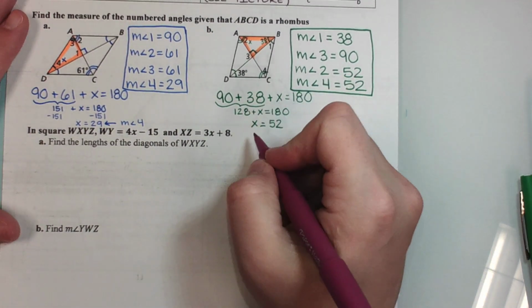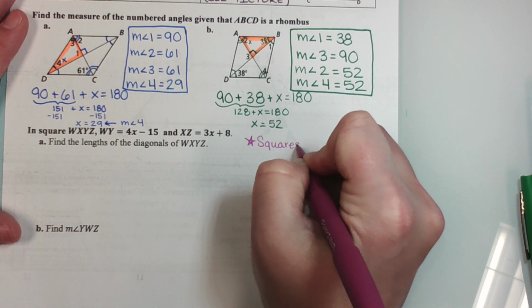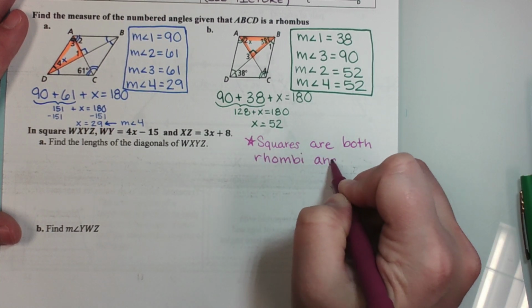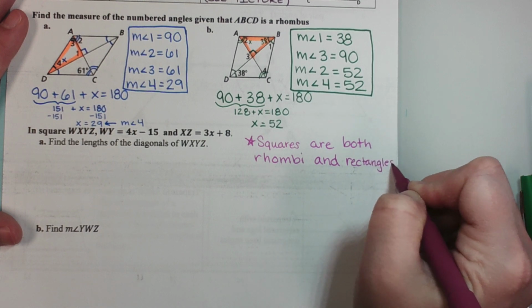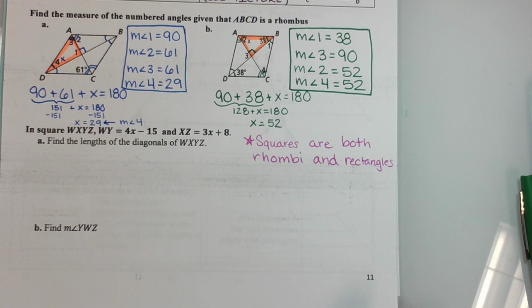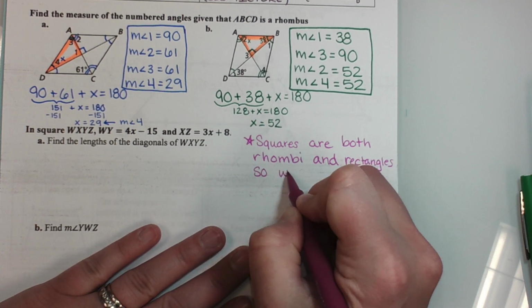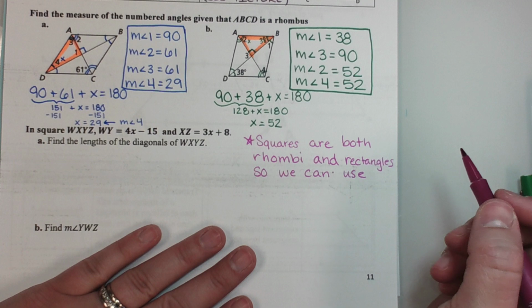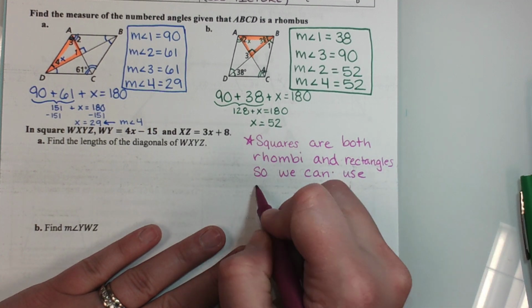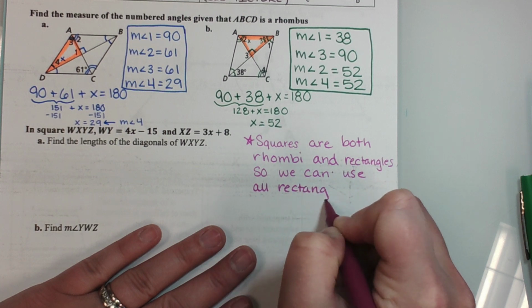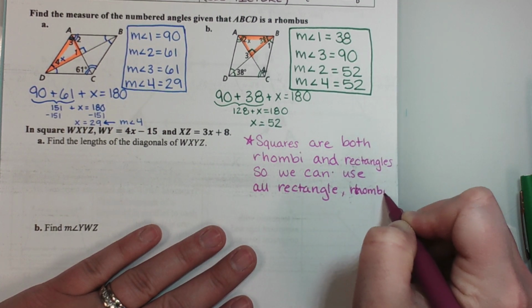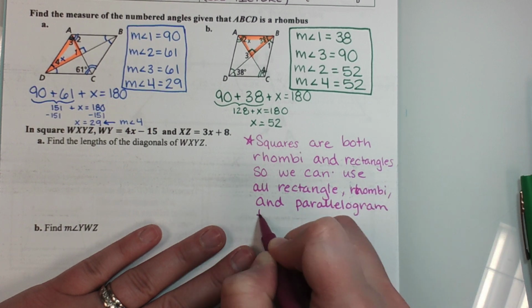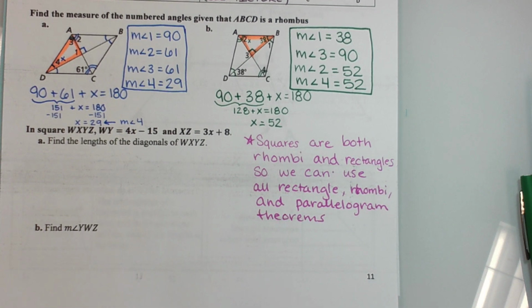So if squares are both rhombi and rectangles, that means we can use the rectangle, the rhombi, and still the parallelogram theorems. All of them apply when you're working with a square.